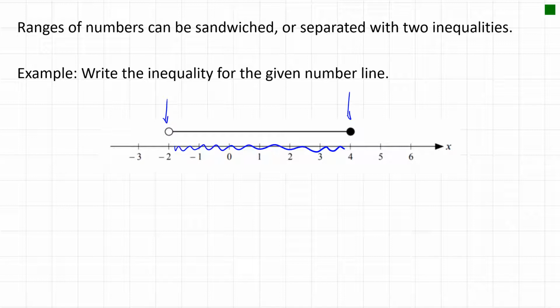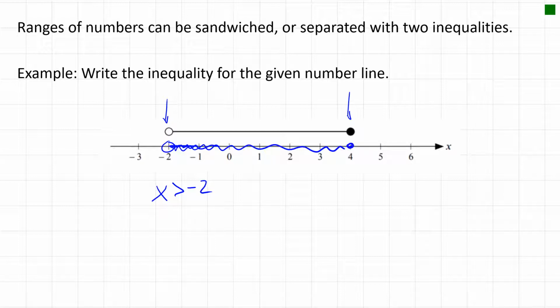And we're asked to write the inequality for this number line. So let's look at the inequalities that are represented here. Well, for starters, all the numbers that are represented here, x is greater than -2. It starts here with that open dot and goes to the right.